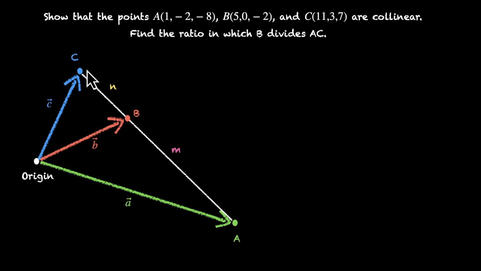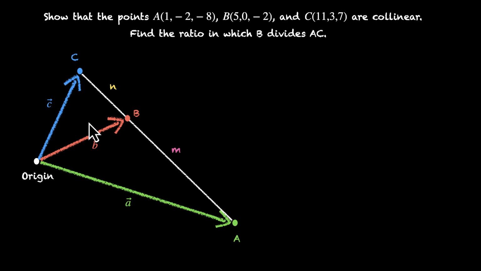Alright, how do we do this? We can apply the section formula here. A quick recap of where that formula comes from. We use these 2 triangles to find vectors BC and AB. And we've already proved that these vectors are collinear. So we write one of them in terms of the other and try finding the relationship between A, B, and C and m and n.